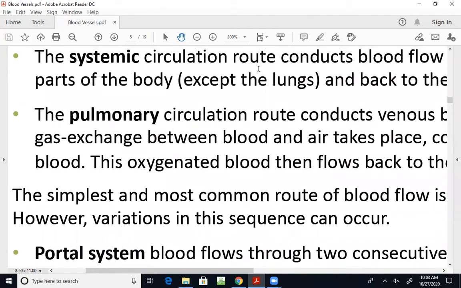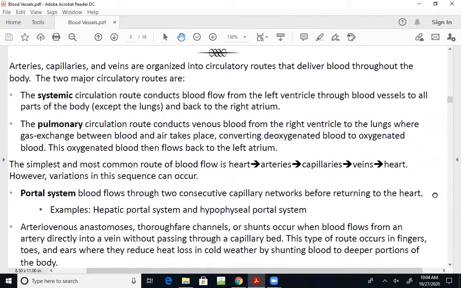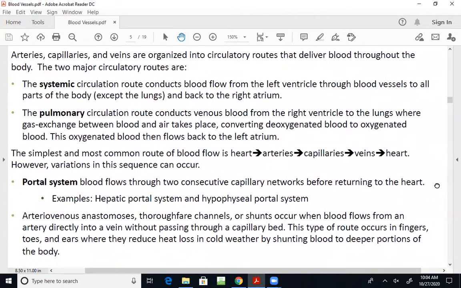Last general introductory slide here before we start identification of the arteries and veins. So our arteries, capillaries, and veins are organized into circulatory routes that deliver blood throughout our body.